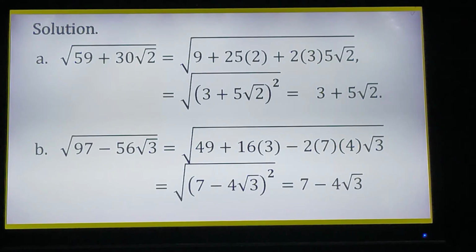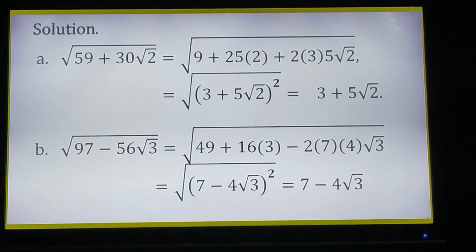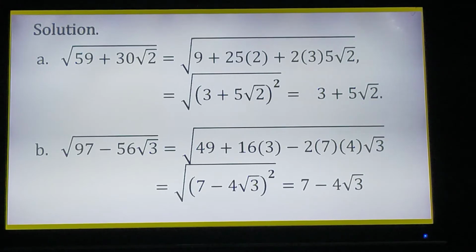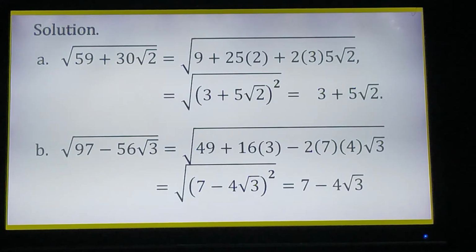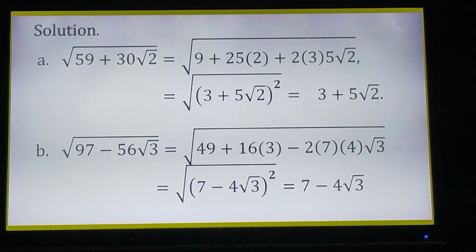So in this case, we have 49 and 48, 49 being a perfect square, and 48 is equal to 16 times 3. 16 is a square number, and 3 is the second radicand. So the square root of 97 minus 56 times the square root of 3 is equal to 7 minus 4 square root of 3.